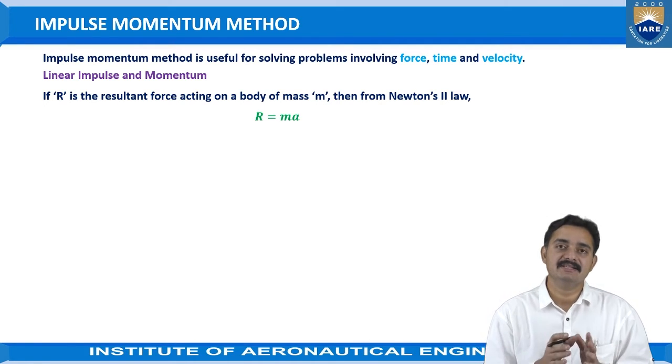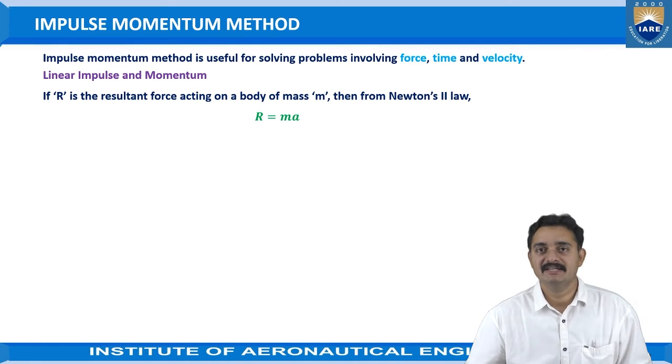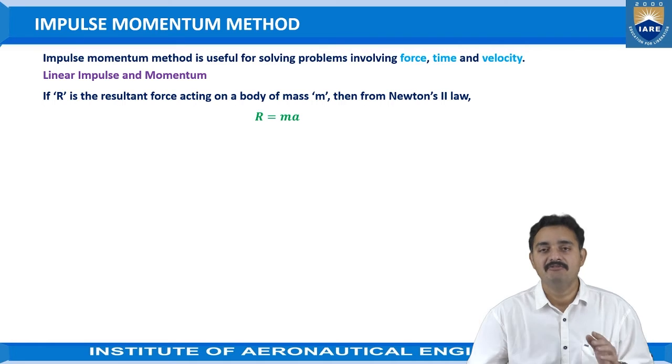So we are considering directly the resultant, and the magnitude of the resultant is given as the product of mass and acceleration. This acceleration a, which we are considering here, is the acceleration that is achieved by the body when all the forces that are acting in the system are applied.